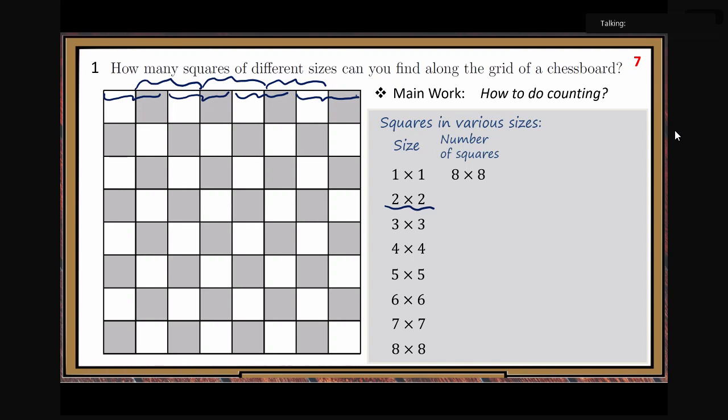Here. Okay? 1, 2, 3, 4, 5, 6, 7. There are 7 length 2 horizontal sides.